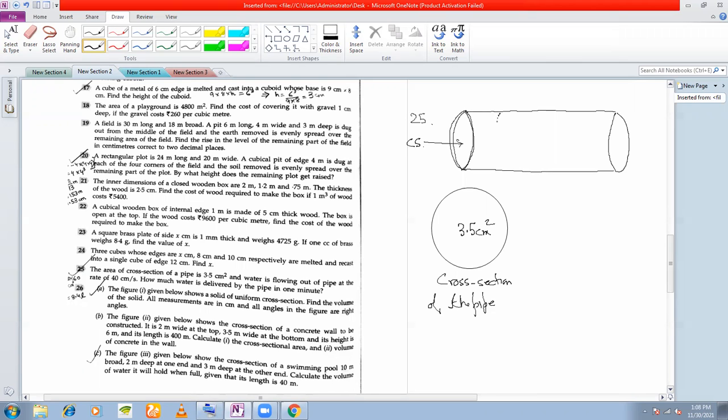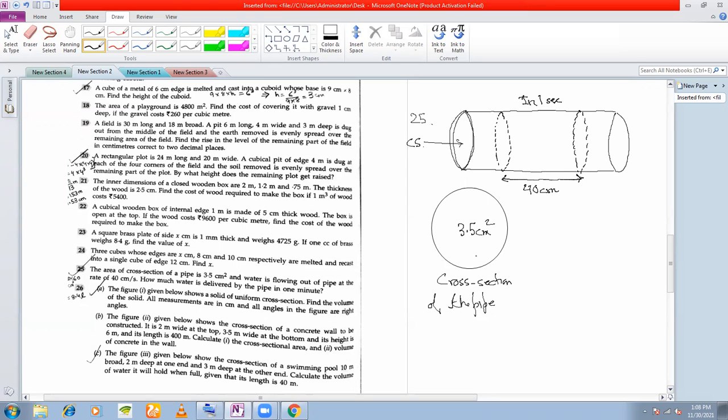Suppose this is your column of water that is flowing. From here, this column reaches till here in 1 second. And in 1 second, what is the distance that the water is traveling? 40 centimeters, right?